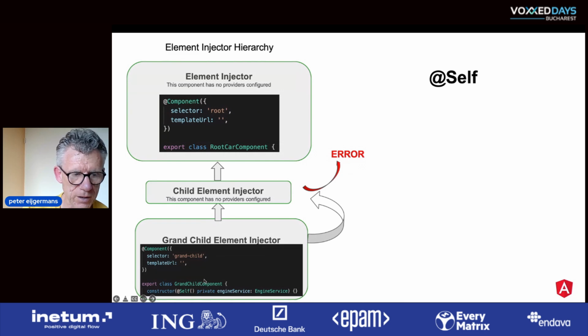It will look if there is a provider for this service in its own local injector. But it does not have anything, so it will throw an error. This is what self does. It only looks here, but it is not defined here, so it results in an error.